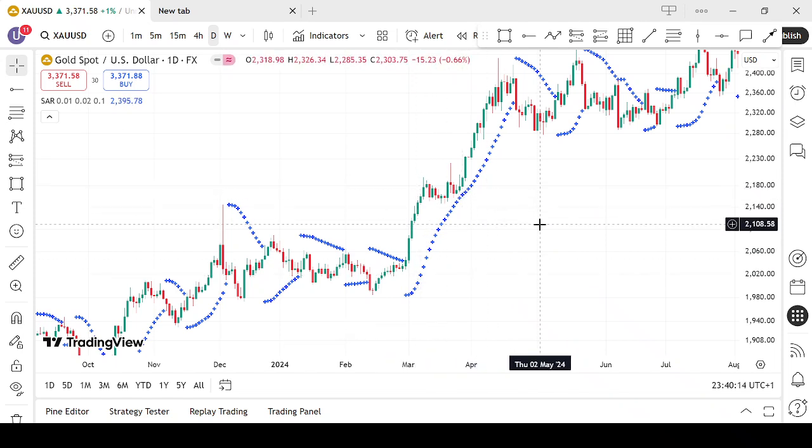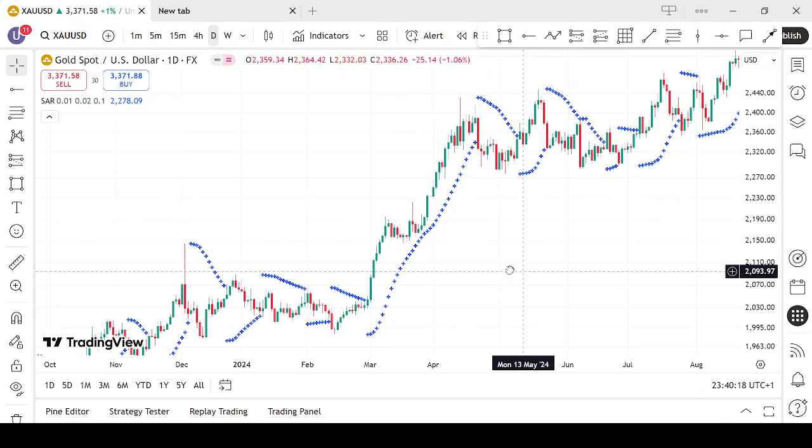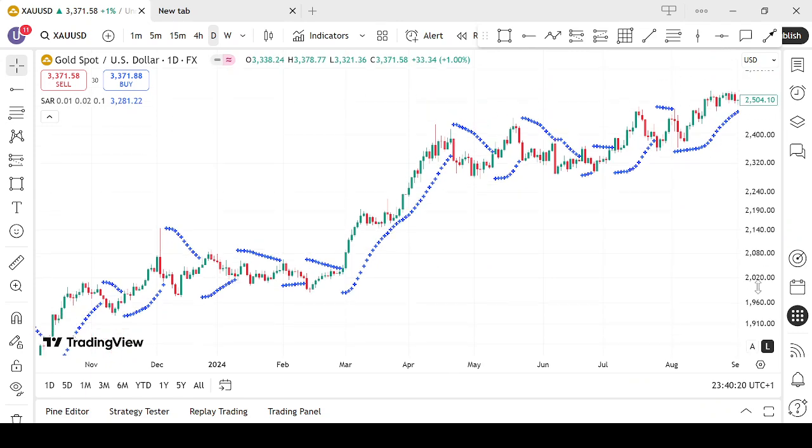So let's see how we can apply this to our day trading strategy. Using the Parabolic SAR for a day trading strategy requires a systematic approach to identify trends, entry points, and exit signals. This strategy works best on short time frames for scalping too, but for this strategy, we'll be looking at day trading.